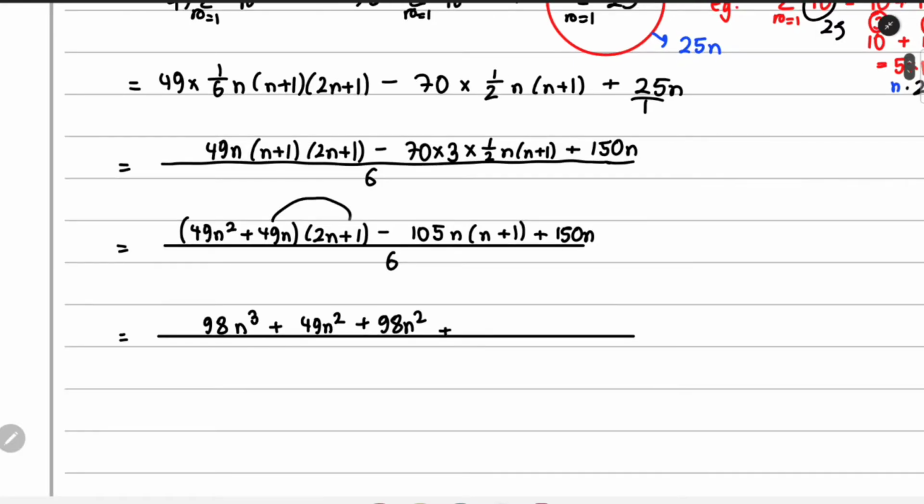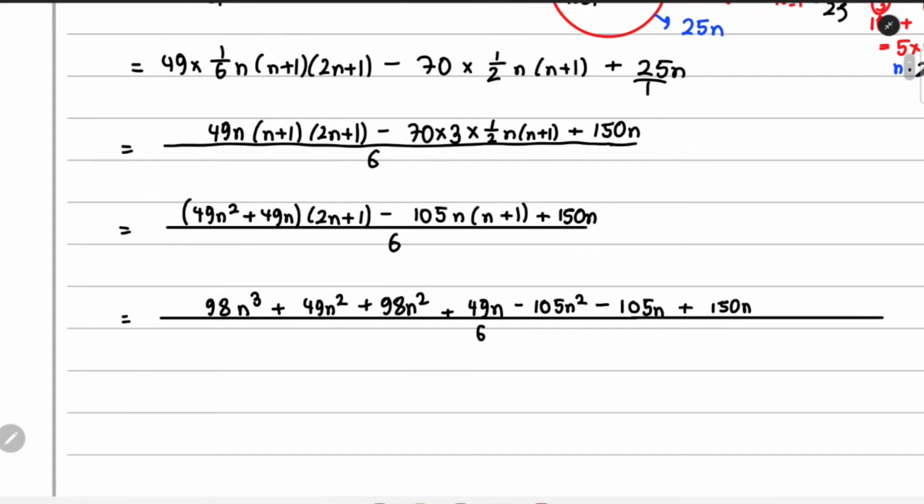And finally I get 49n from multiplying 49n with 1. Then I have minus 105n times n, which is minus 105n squared. Then I have 105n multiplied by 1, which is minus 105n. And I have 150n added at the end, all divided by 6.